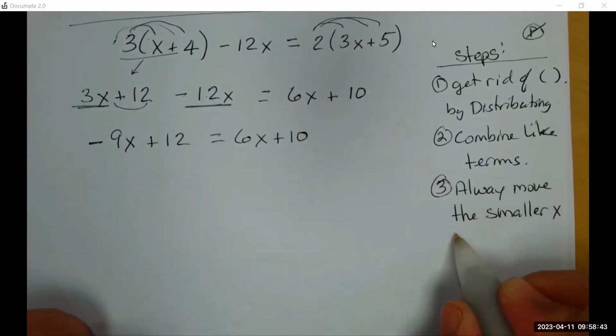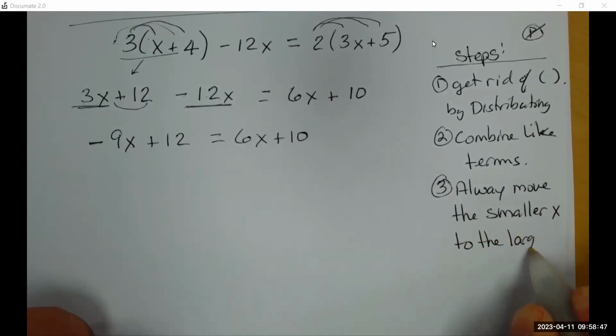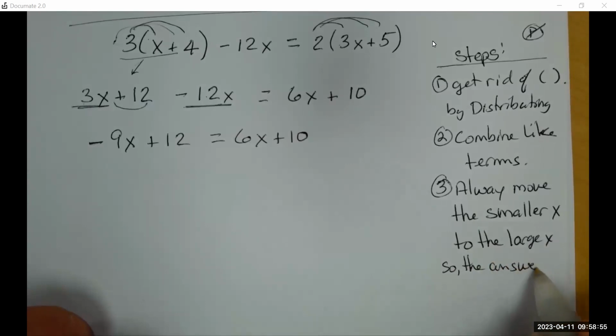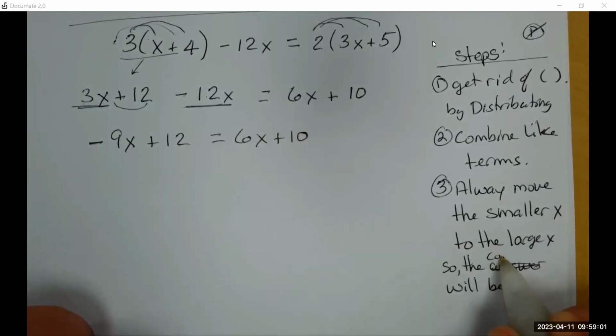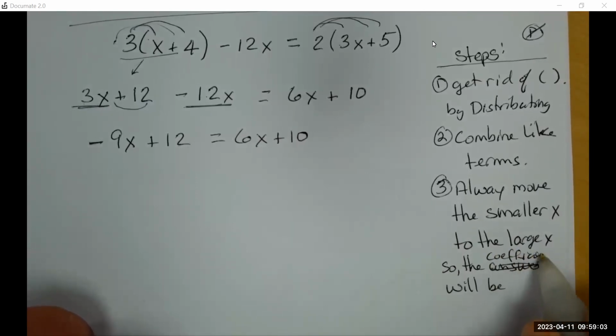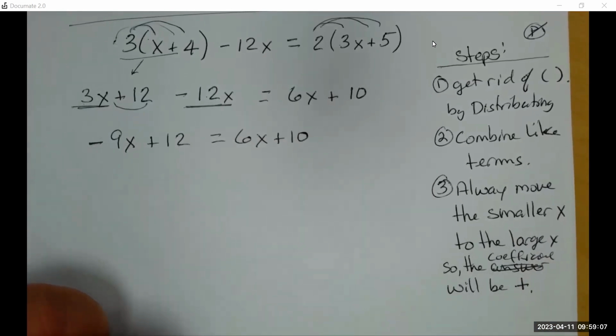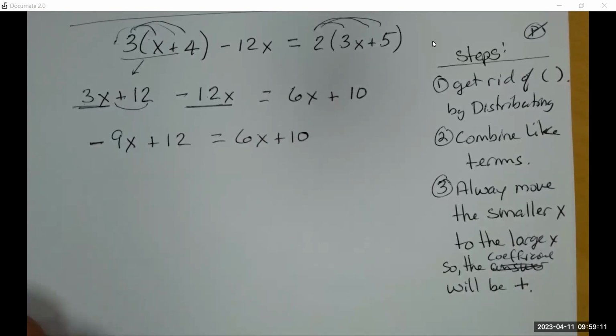Always move the smaller x to the larger x. So the answer will be, or not the answer, the coefficient will be positive. If you move the smaller to the larger, you'll always have a positive in front of the x.